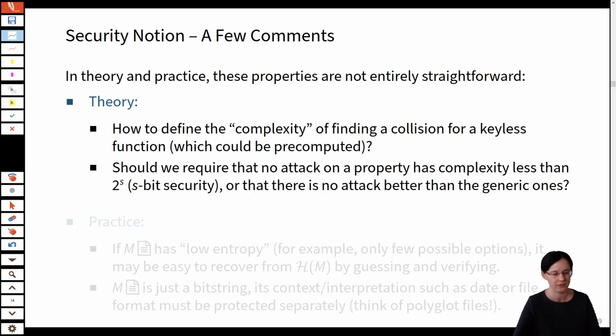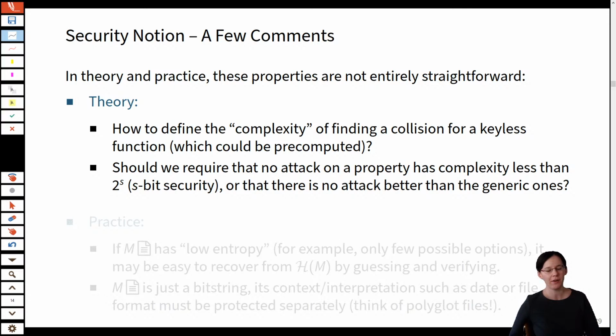No fresh input. There is another issue, namely the question of when exactly we consider a cipher secure, because there are two variants to define this. The first thing we could do is say a cipher is secure whenever any of the generic attacks costs more than a specific security level.